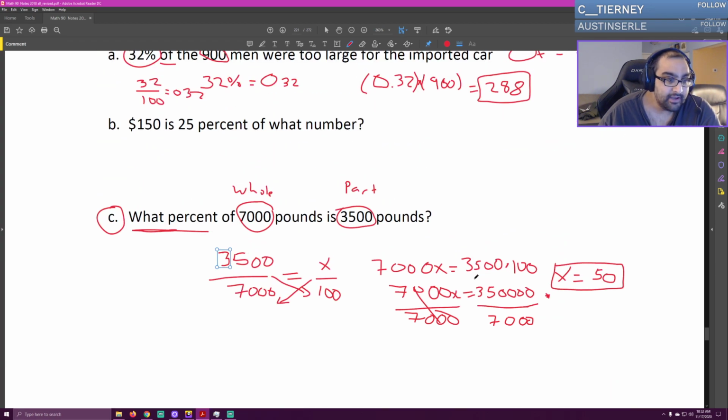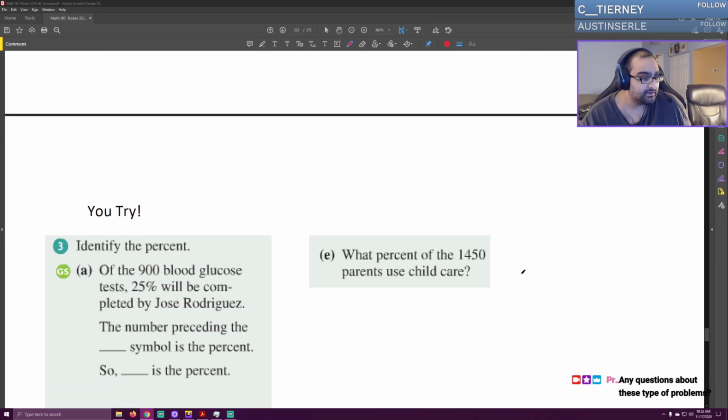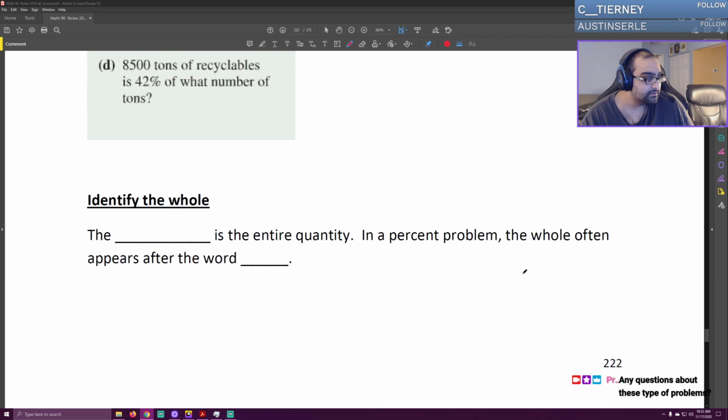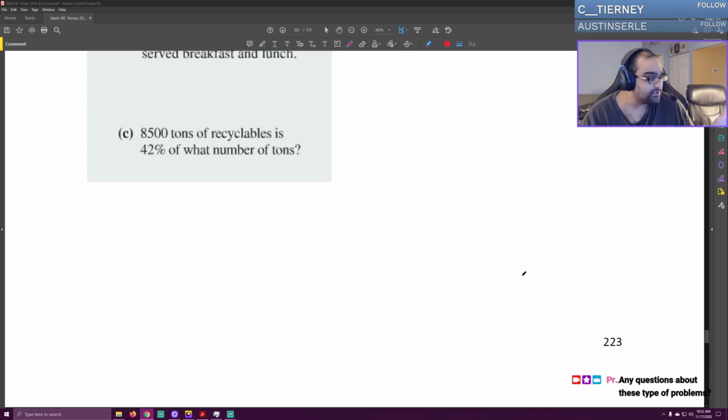All right. Any questions about these types of problems? We may just start with this type of problem for next time, just to reiterate.